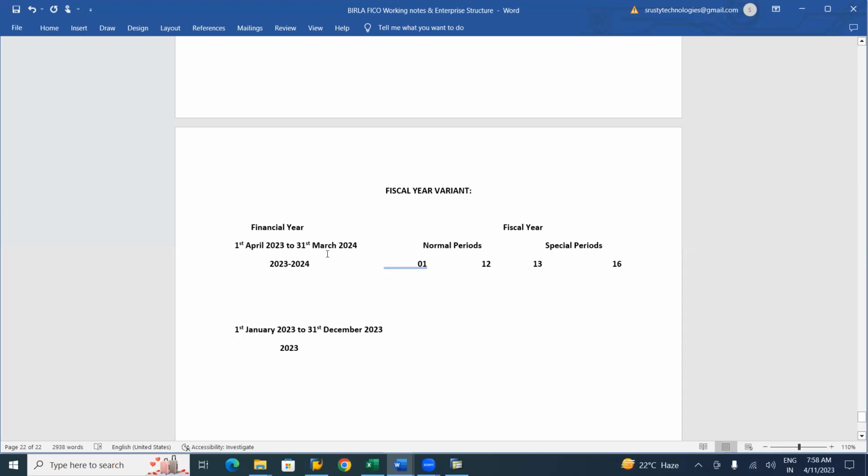Once the fiscal year or financial year is closed after 31st March, we will hand over these books of accounts to auditors. It could be an internal auditor or external auditor. After handing over these books to auditors, we will do our regular activity. As end users, we will do our regular activities. We'll start posting the entries.